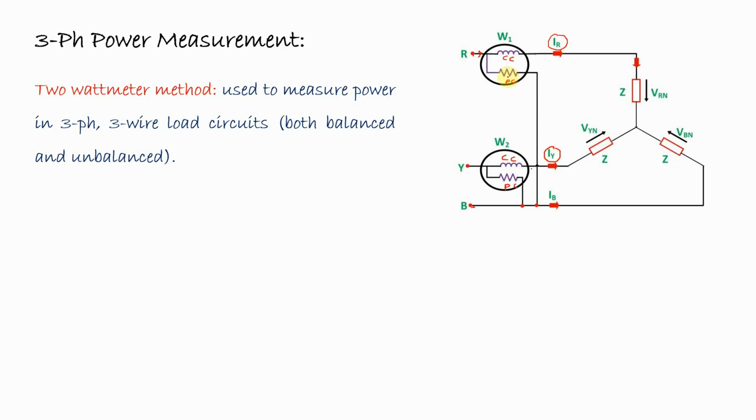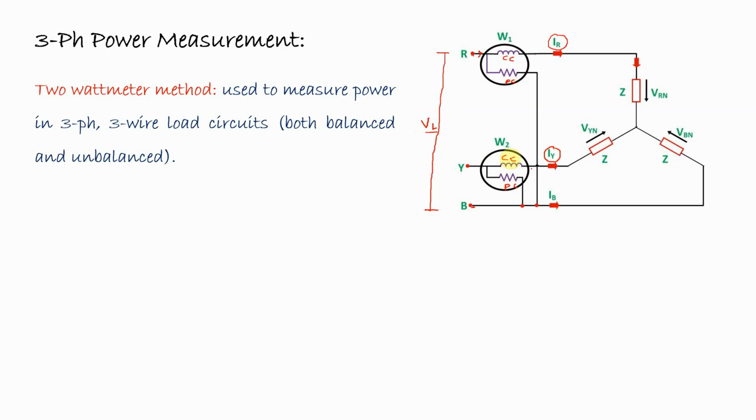Whereas the pressure coil of the first wattmeter is connected between R and B. And we know that the voltage across two external terminals is considered as the line voltage. So the voltage between R and B is the line voltage. That means the pressure coil of the first wattmeter will read the line voltage.